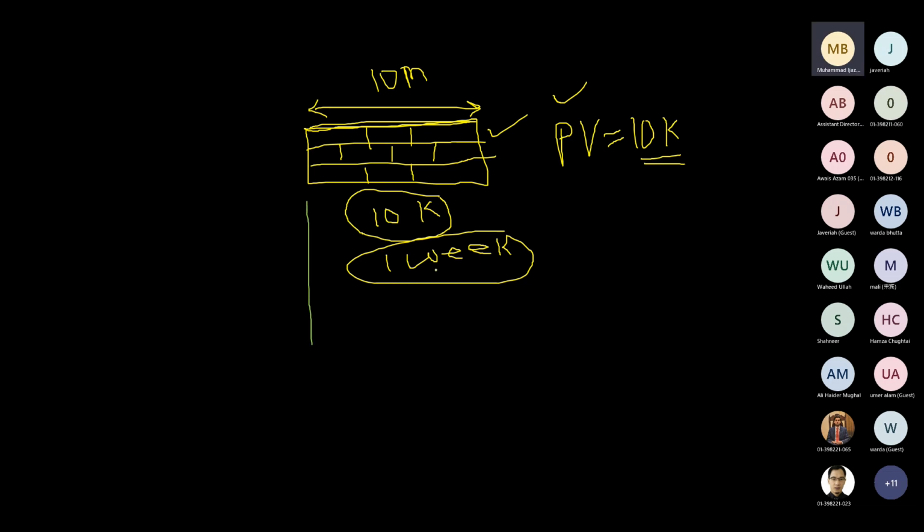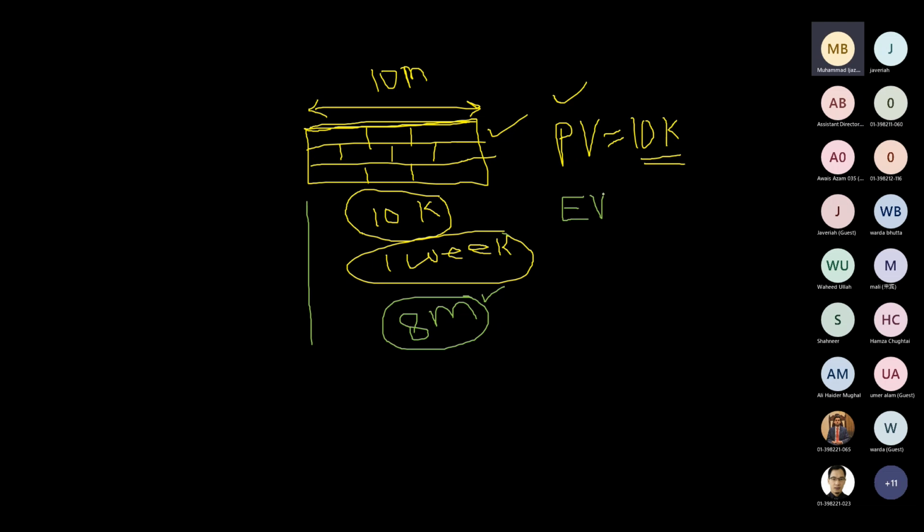Now let's say after 1 week, we could only build 8 meters of the wall. We could complete only 8 meters of the wall. So in the earned value management system, we say that the approved budget for the completed work is called earned value.